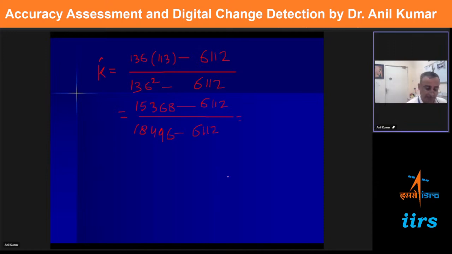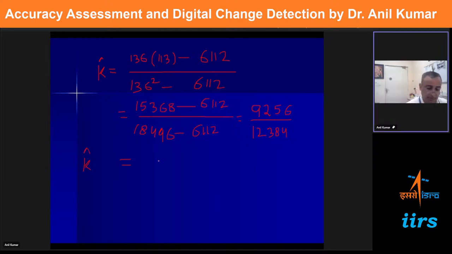Now we can calculate its value. In the denominator, it is coming to 12,384, and in the numerator, 15368 minus 6112 is coming to 9256.